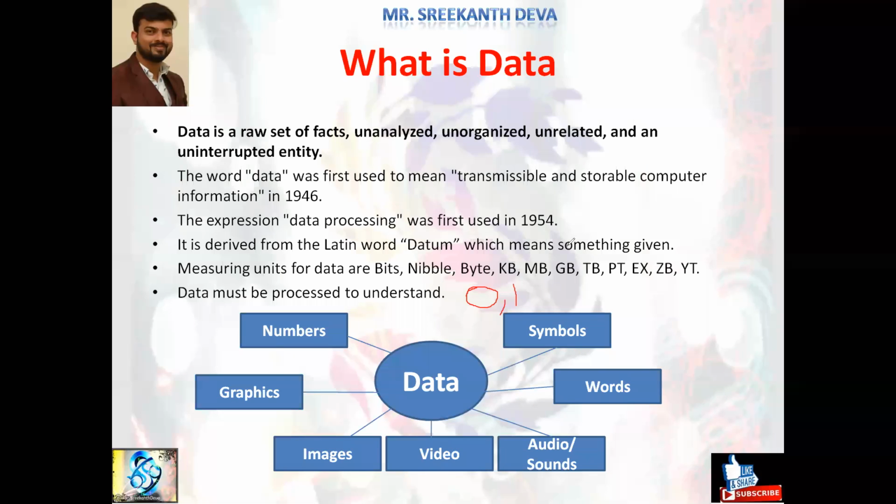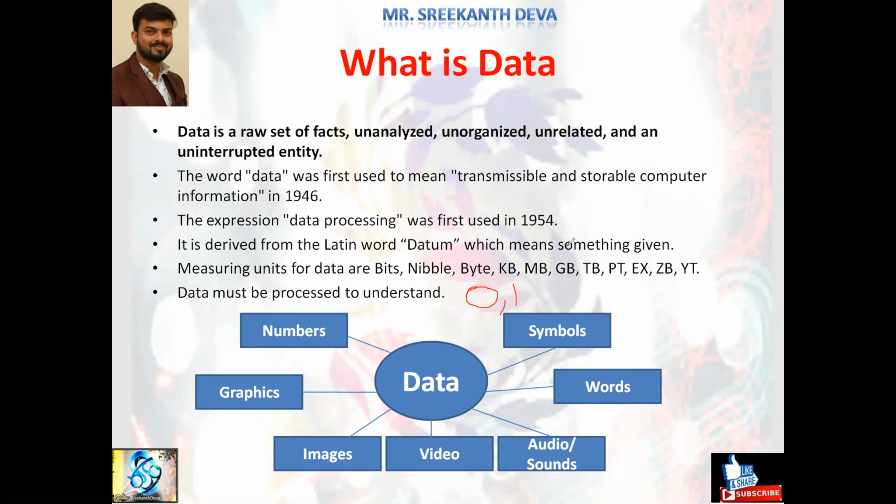I hope everyone is clear about what is data, how to represent data, and the measuring units for data: bits, nibble, byte, kilobyte, megabyte, gigabyte, terabyte, petabyte, exabyte, zettabyte, yottabyte.